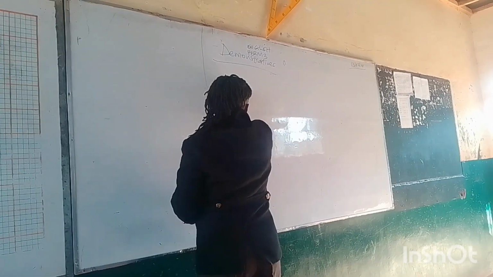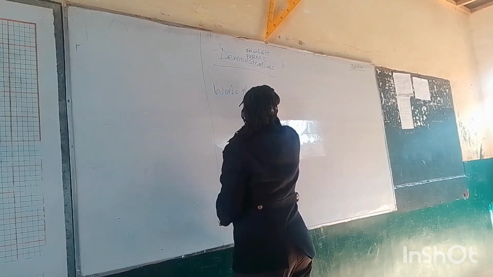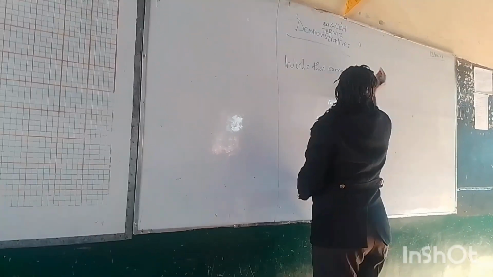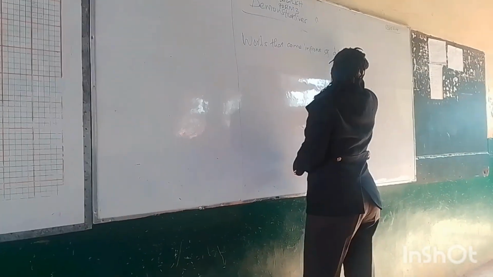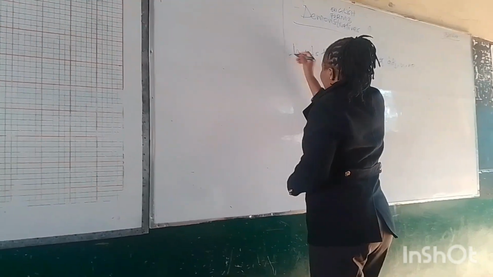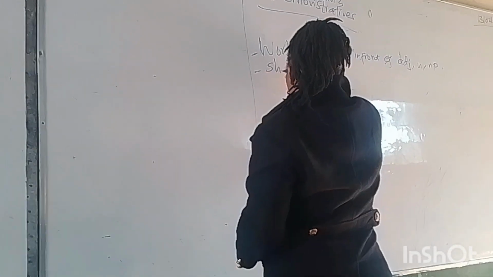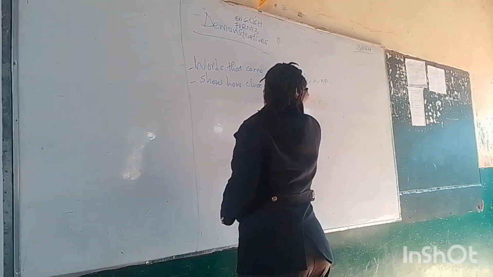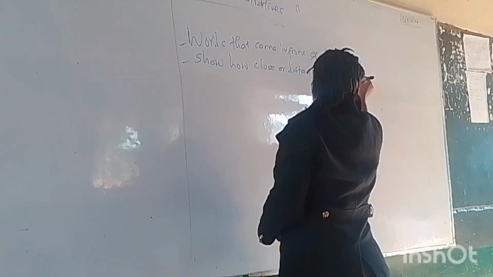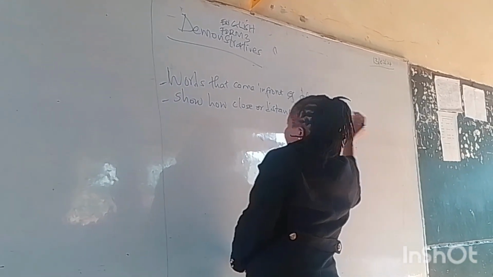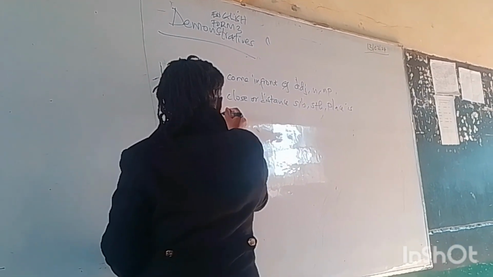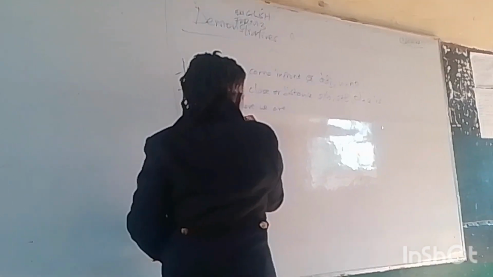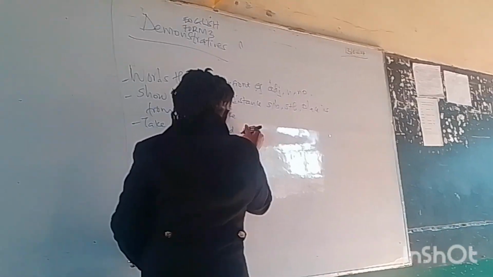Then we have said words that come in front of adjectives, nouns or noun phrases. And you said they show how close or distant somebody, something, or place is from where we are. You said they take singular and plural forms.